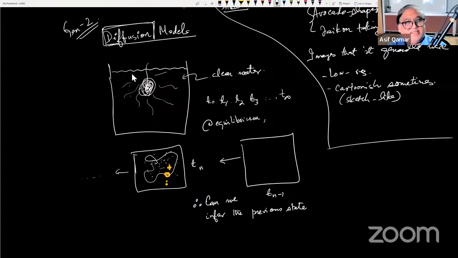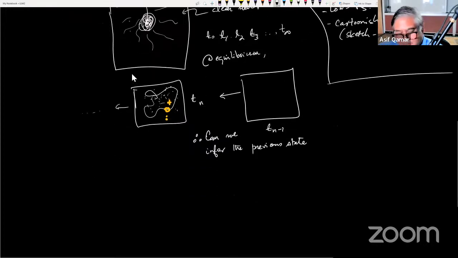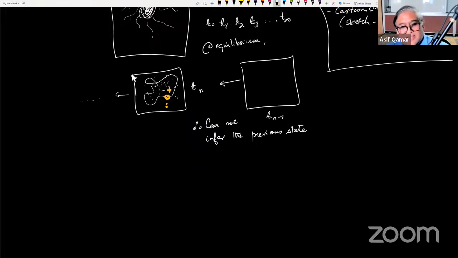But what we are saying is, by observing the diffusion state, tiny steps forward, we can infer the previous state, right? Inferential.